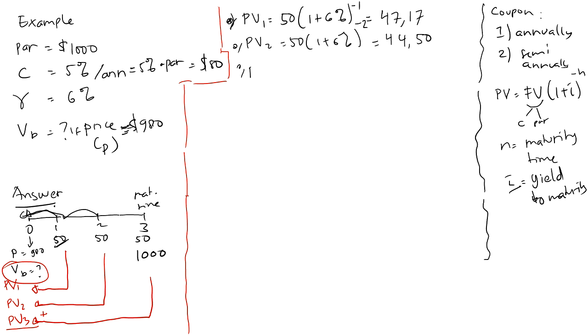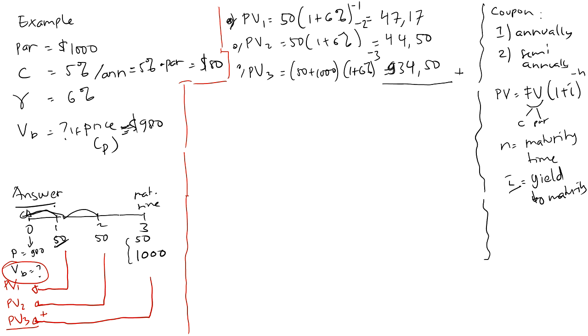Next is PV3. For PV3, there are two amounts, 50 plus 1,000, times the discounting factor 1 plus 6% to the minus 3, of course. Then it will be 934.496, which I round to 934.50.